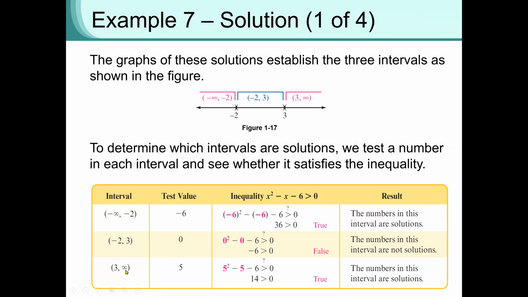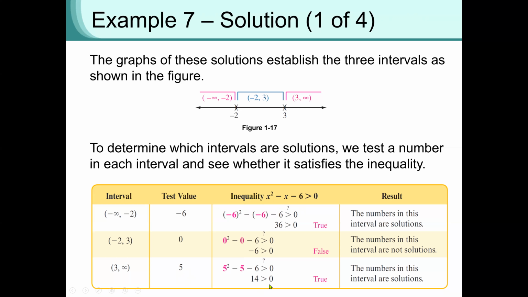The next one, we have 3 to +infinity. So you can take any positive value from 3 going up. We decided to take 5. So we have 5 squared minus 5 minus 6 greater than 0. We have 25 minus 11, and that gives us 14. Yes, 14 is greater than 0.